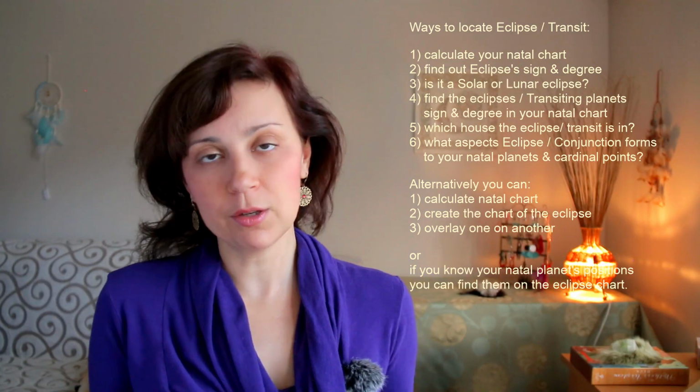So here is how you can find out where an eclipse falls into your natal chart. There are a couple of ways to do that. You can take your natal chart, whether it's printed or in an electronic version, and you can locate the position of the eclipse on your chart. For example, on January 10th, 2020, there will be a lunar eclipse in Capricorn, and it's on the 20th degree of Cancer.